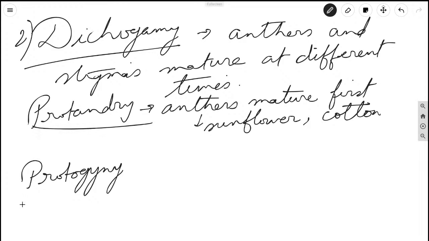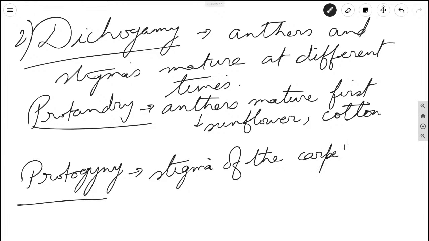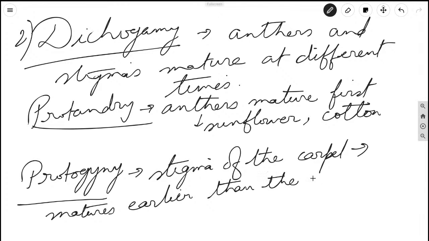Then in protogeny, the stigma of the carpel matures earlier than the anthers of the same flower, just the opposite of protandry.